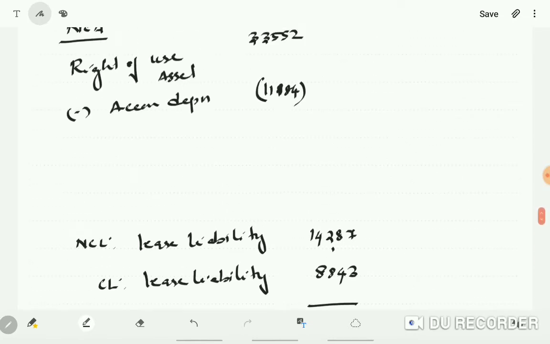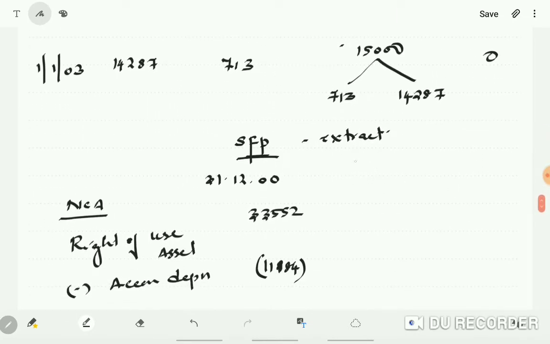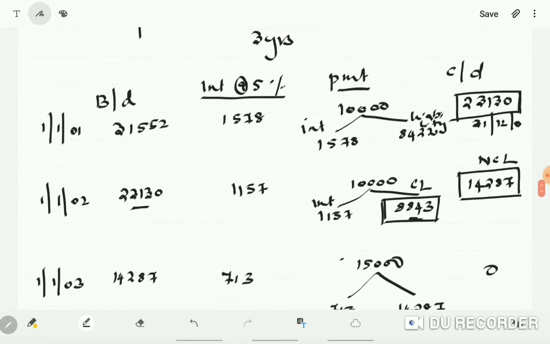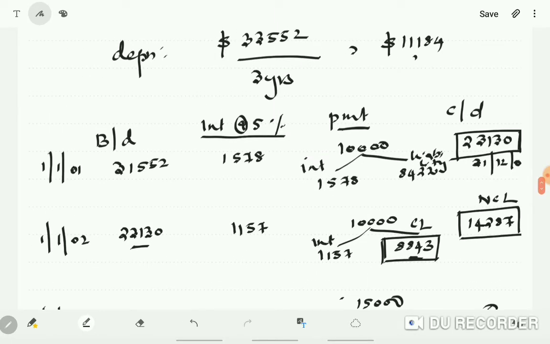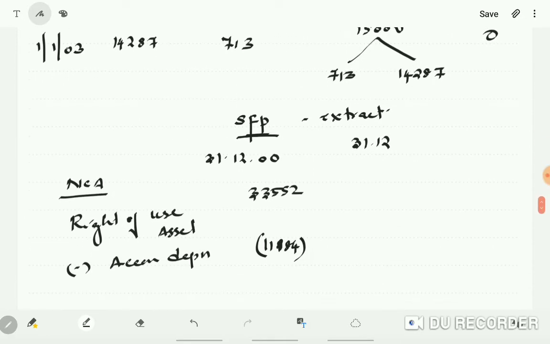Same way for the second year. I think I'm taking the dates wrong here. This is 2001 and this is 2002.